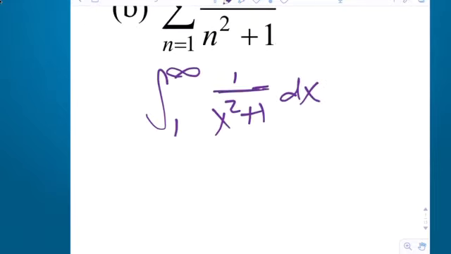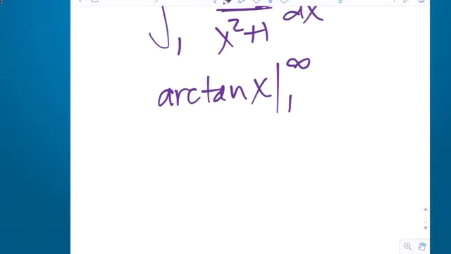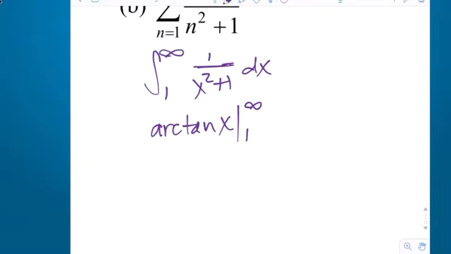What is the antiderivative of 1 over x squared plus 1? Arctangent. Good. So this is arctangent of x. And I'm going to do it multiple choice style, which maybe your intuition would be all you need.